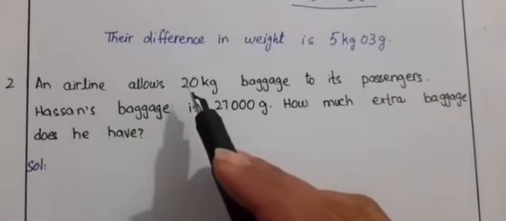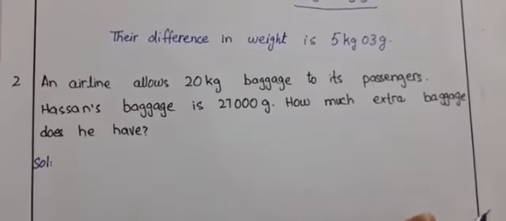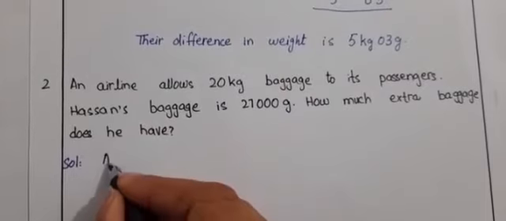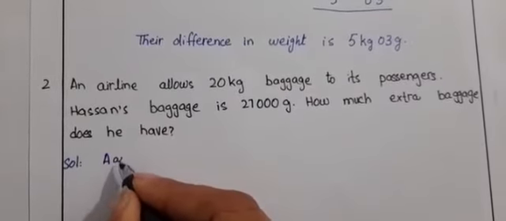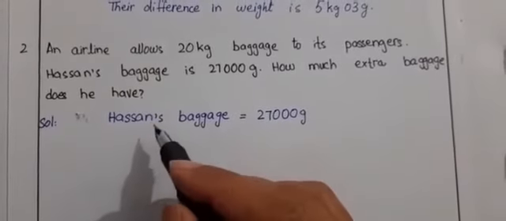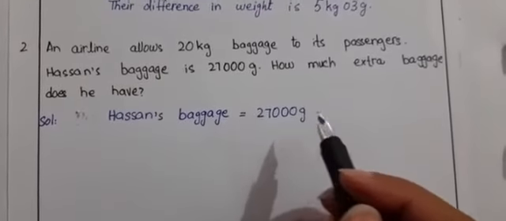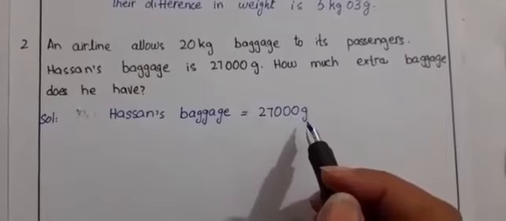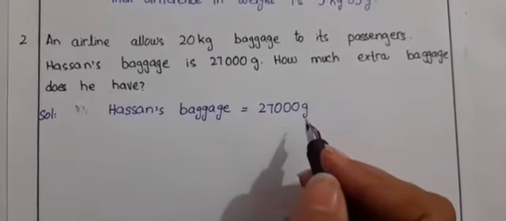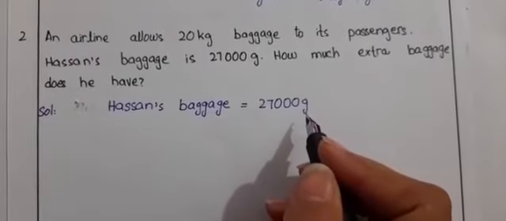We have to convert this kilogram into grams to make it of the same unit. So first we have to change this kilogram into gram. In our solution, we first have written Hassan's baggage. It is 27,000 grams. Why we have written? Because we are going to change this kilogram into gram. So first we should write the unit that is exact.